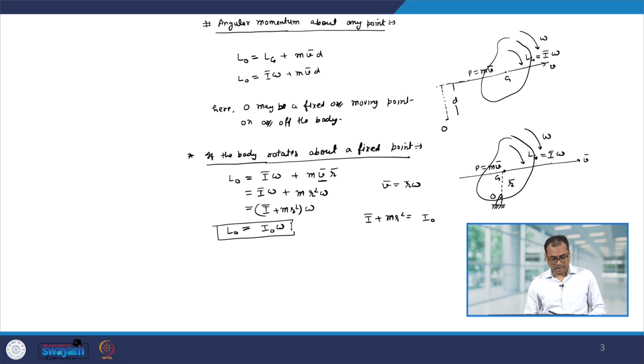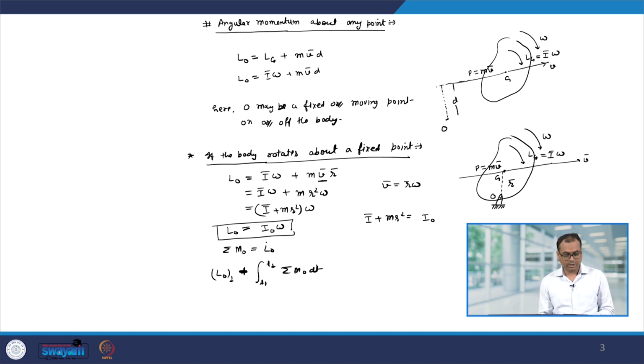And we have summation M_O equal to L_O dot. Therefore, the moment impulse equation becomes, for point O, the initial angular momentum about point O plus the integral from T1 to T2 of summation M_O dt, which is the external angular impulse, equal to L_O2.